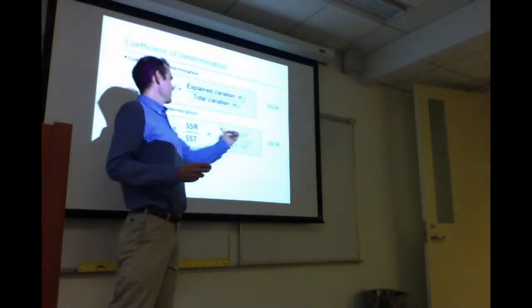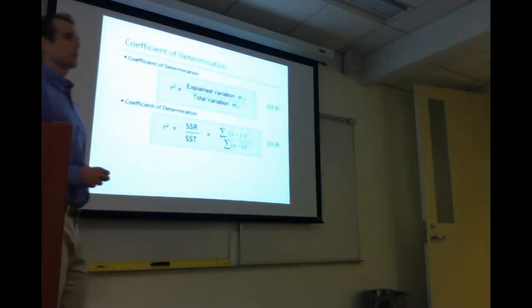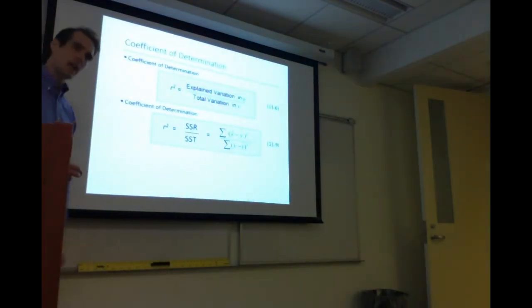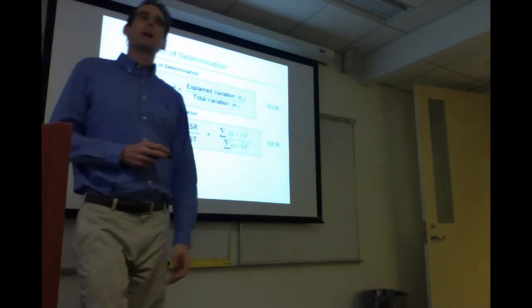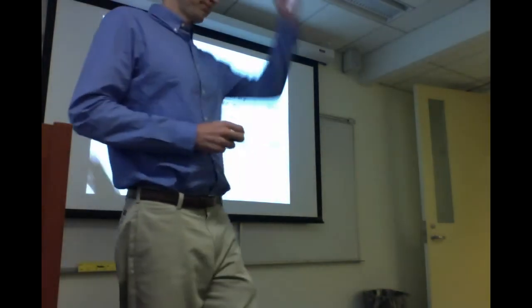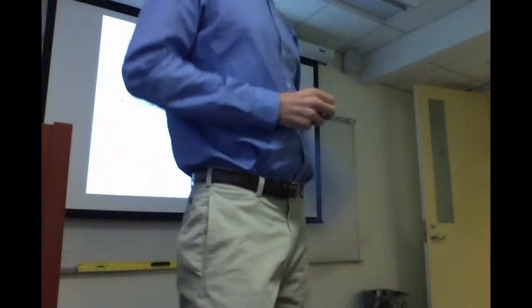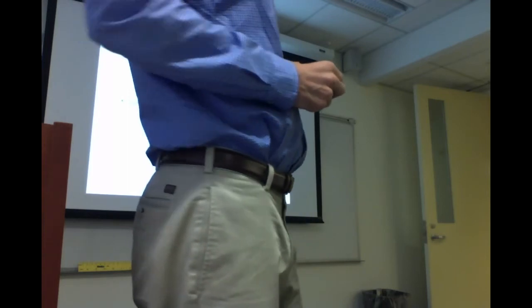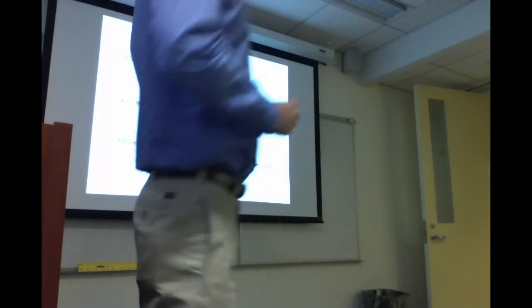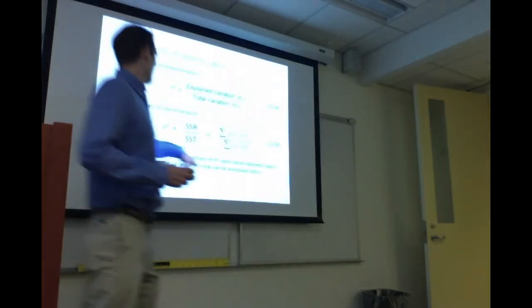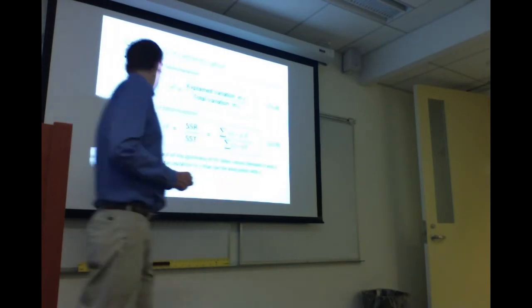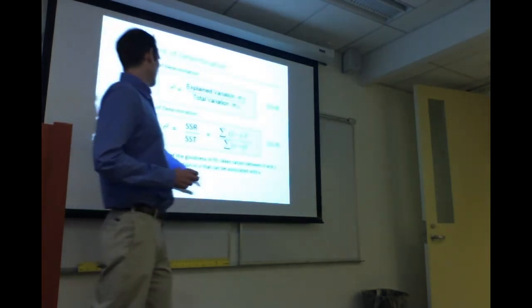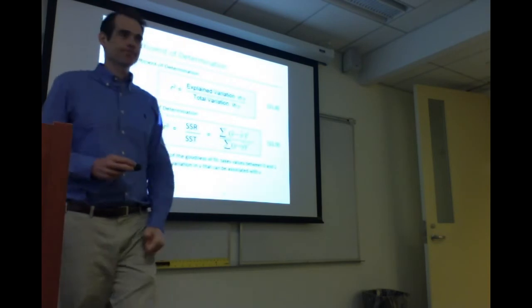And that's going to tell us the percentage of the data that is explained by our regression line. It's a goodness of fit. I mentioned it is between 0 and 1. It measures the variation in y that can be associated with x.